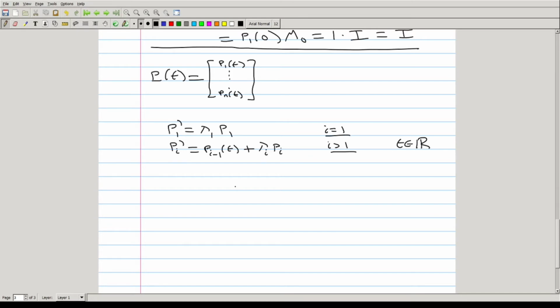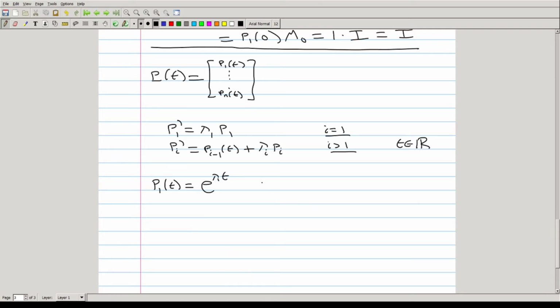And this is really incredible, because what this is saying is that we know the solution of this differential equation right here. P1 of t is equal to e to the lambda 1 t, which satisfies the initial condition.